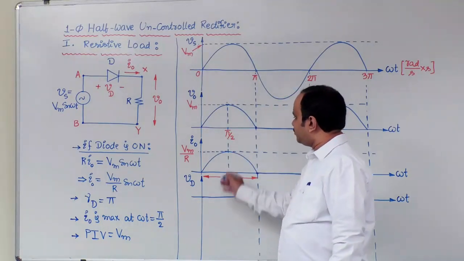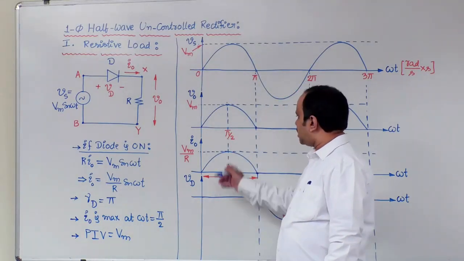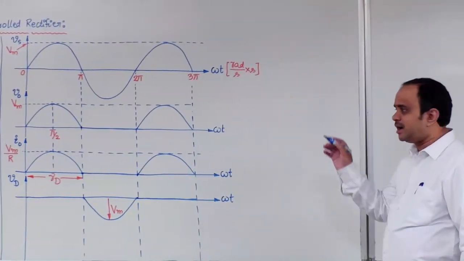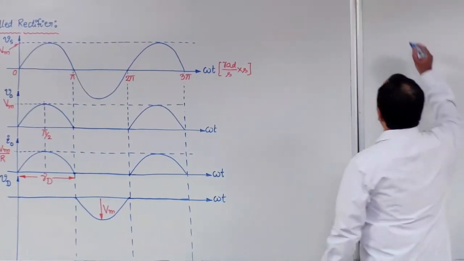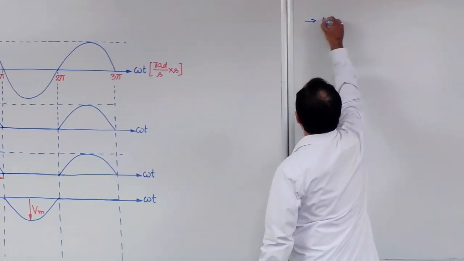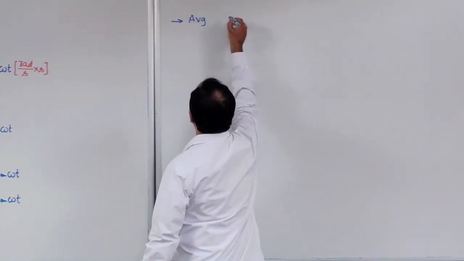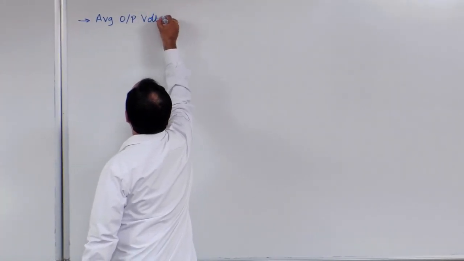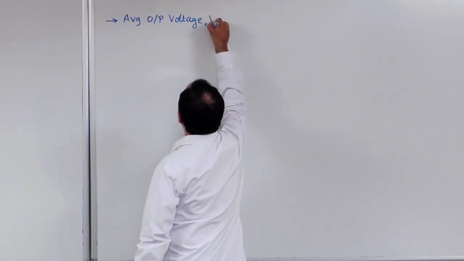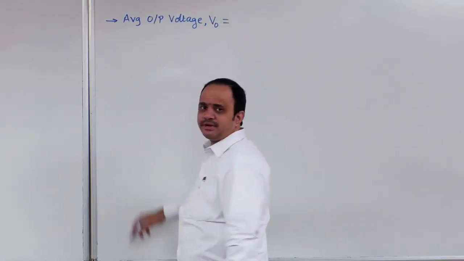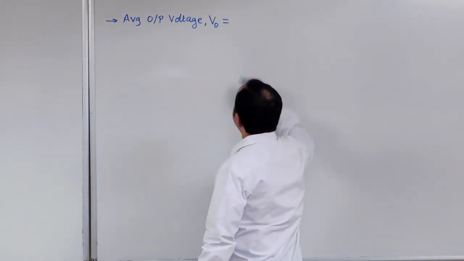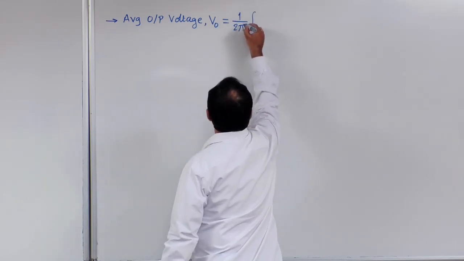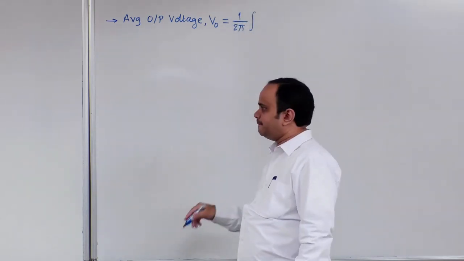Now let us see a few basic equations from these waveforms. As the waveform is a DC waveform, the first calculation could be the average. First time let me write completely. Average output voltage, capital V naught, is equal to, the periodicity is 2 pi, hence 1 by 2 pi.